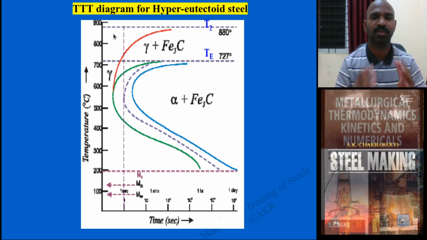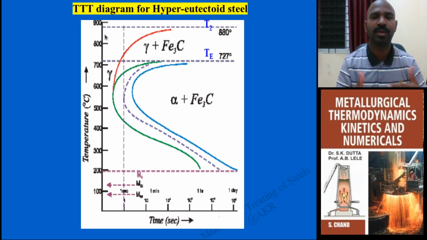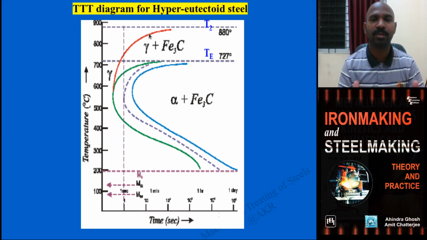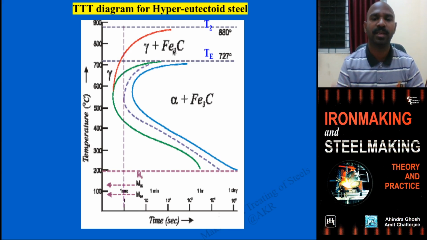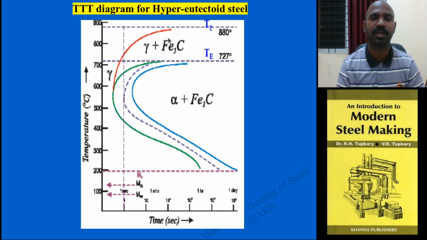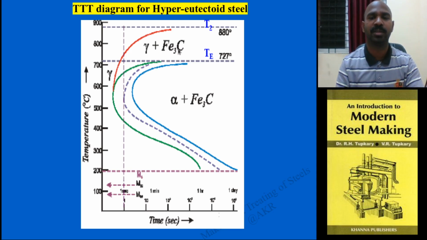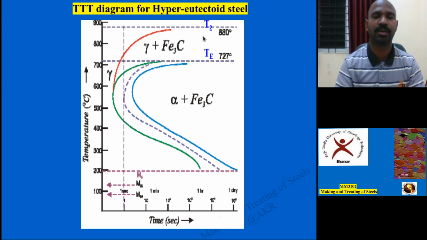When you keep this particular temperature, when it reaches this much amount of time, pearlite starts, that is alpha plus cementite, and when it comes to the middle, it is slowly going to complete transformation, 50% transformation of pearlite. When it goes to this much time, it converts into alpha plus cementite, that is pearlite.